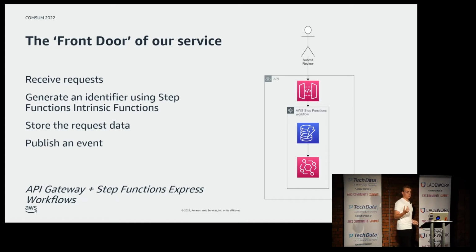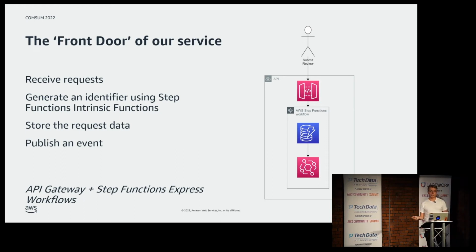One of the other benefits of using express workflows is that they integrate directly with API Gateway. What that means is that you can invoke a step function from an API call. And whatever the final output of your step function is, that will be returned back to API Gateway and back to your caller.